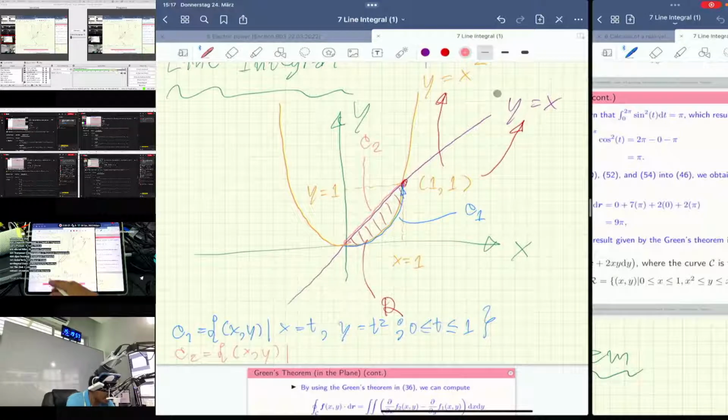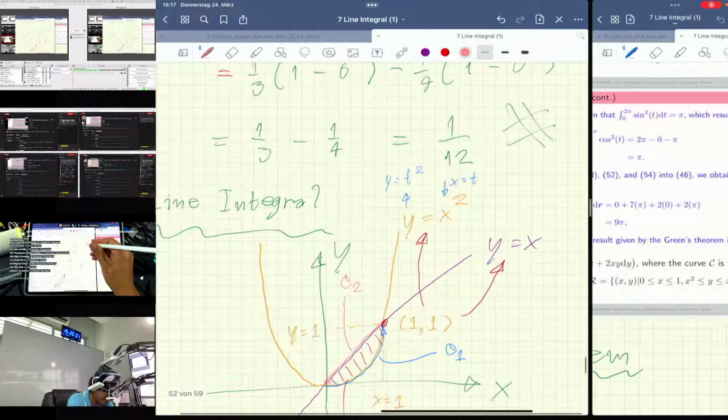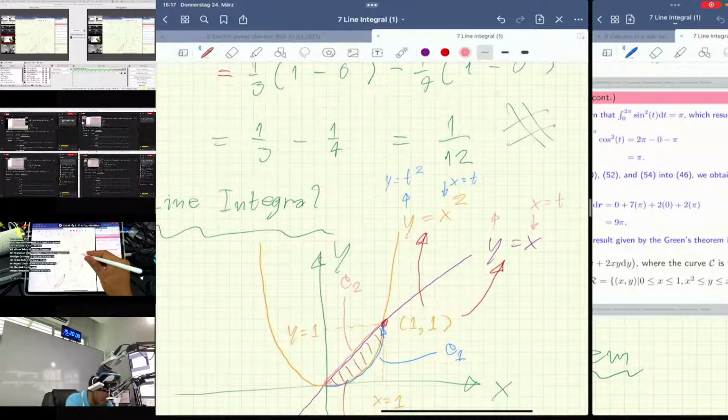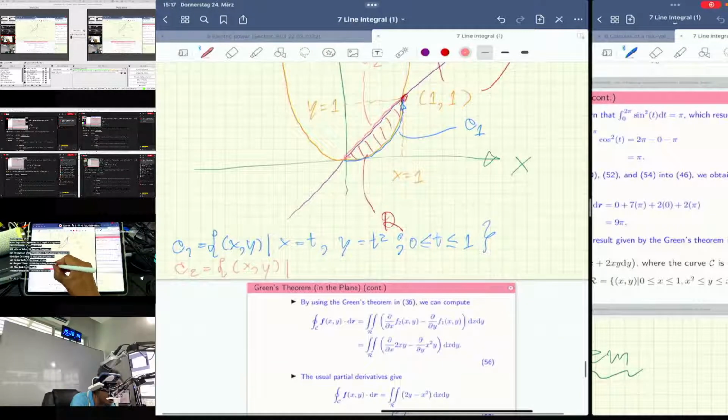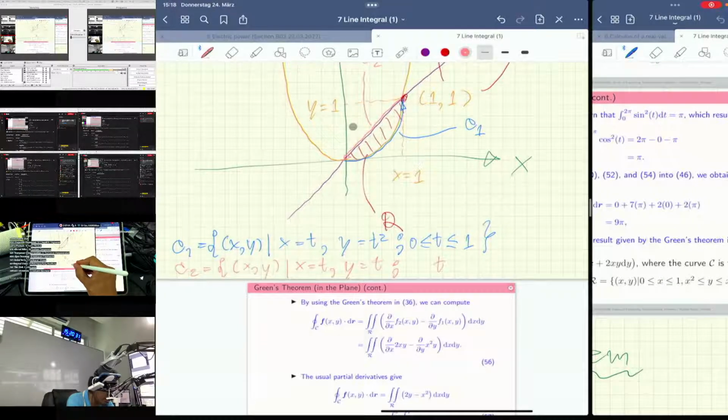So if you let x be t, x equal to t, you will get also y equal to t squared, but t will not be 0 to 1. You have to start from 1 and you end up with 0. So t will be between 1 and 0.